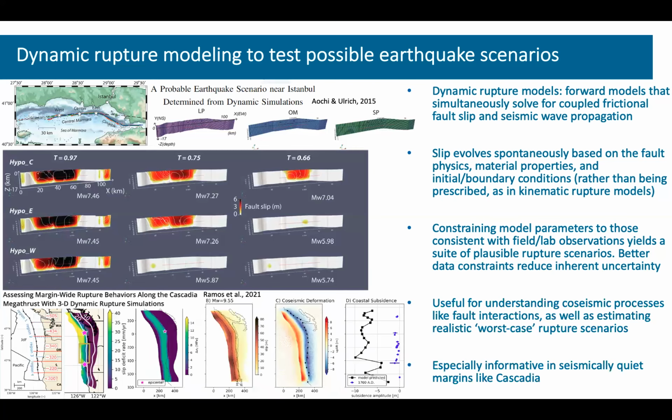These can be especially useful in margins that are currently seismically quiet, but that we know can host really large earthquakes, for example, like Cascadia, where we know there will be a really large earthquake, but there hasn't been much since the installation of the instrumental record. So they can be really useful for coming up with realistic families of rupture models.